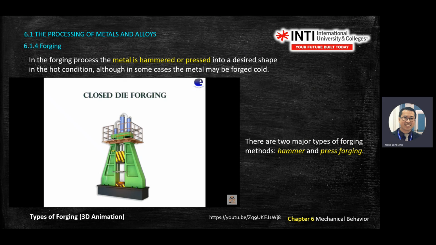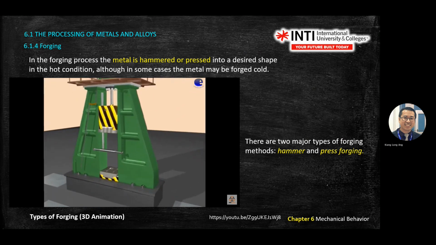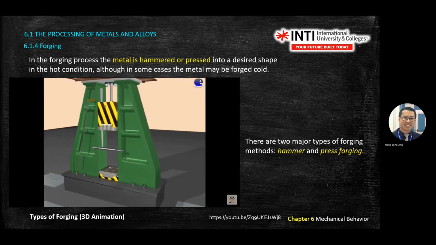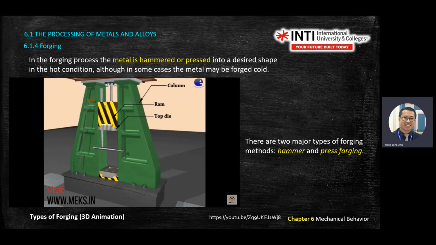Just now it's an open die, now it's a closed die. The column, clamp, the top die, the cavity, bottom die.